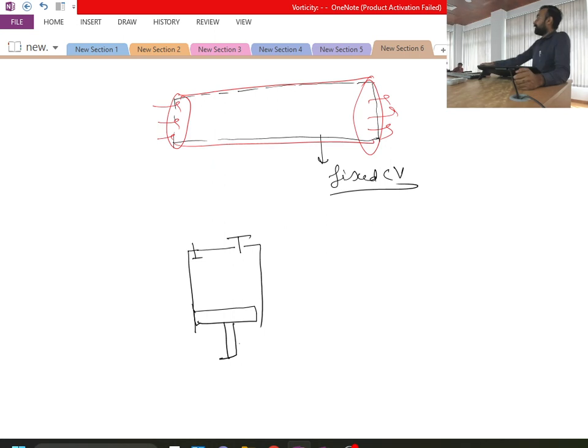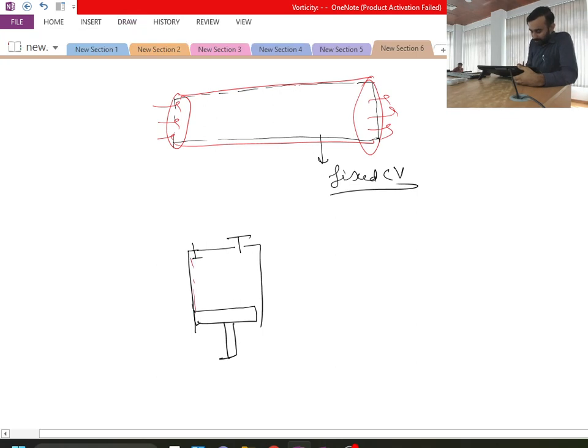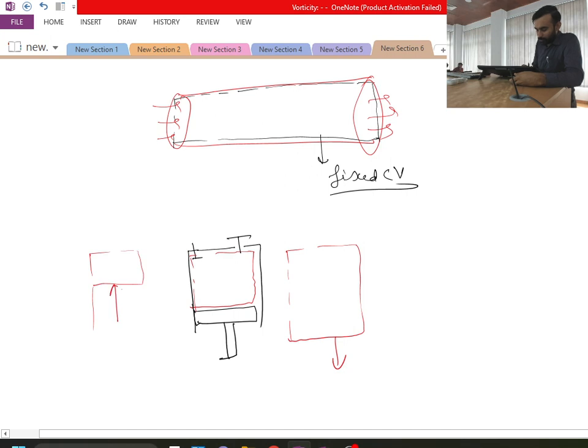In this reciprocating compressor, once again my interest is the fluid region, so I will take this as the control volume. When the piston is moving down, the size of the control volume is increasing, and when the piston is rising up, the size of the control volume is decreasing. So this type of control volume I can call a deformable control volume.